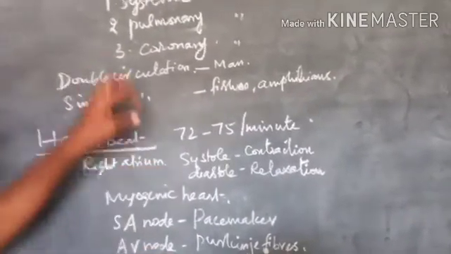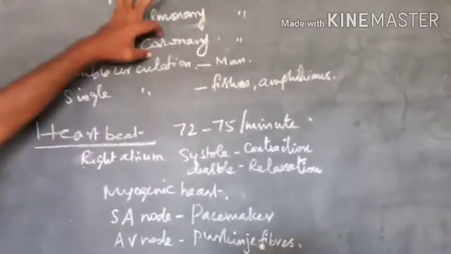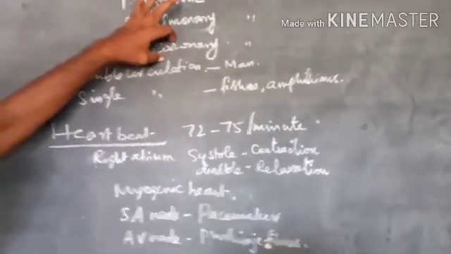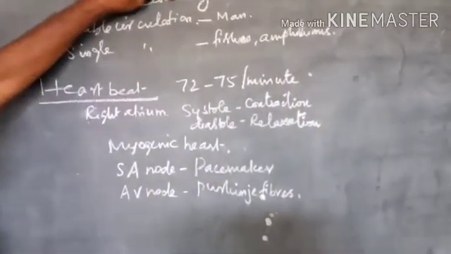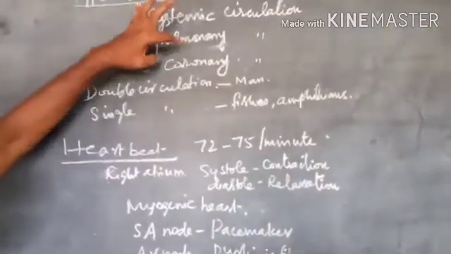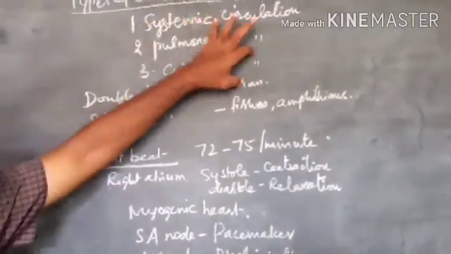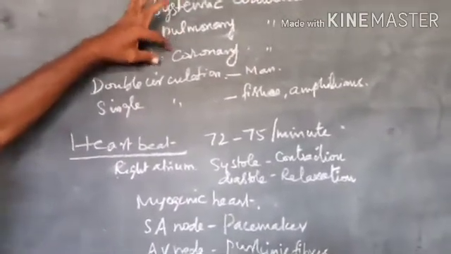The supply of blood to the heart muscles, that is cardiac muscles, is called coronary circulation. The coronary arteries supply the blood to the cardiac muscles, whereas the coronary sinus collects the deoxygenated blood from the cardiac muscles.